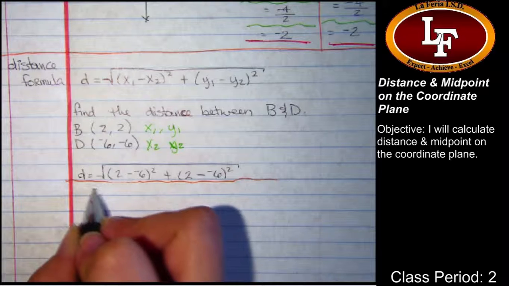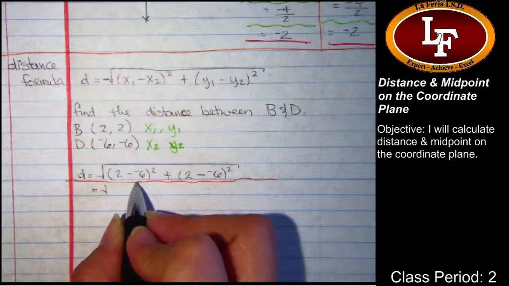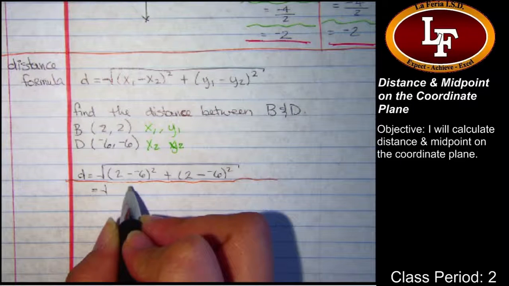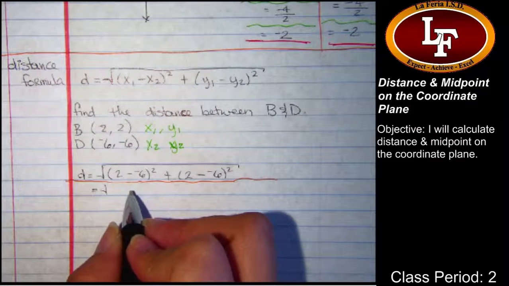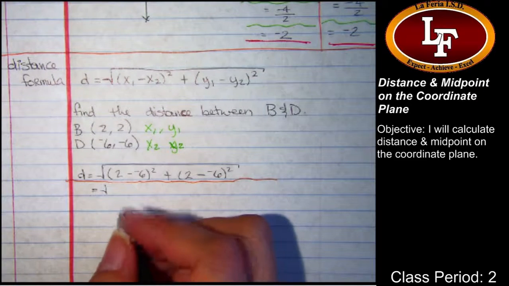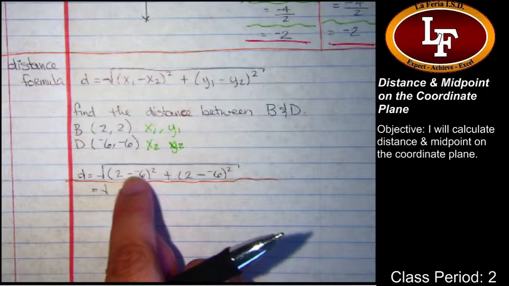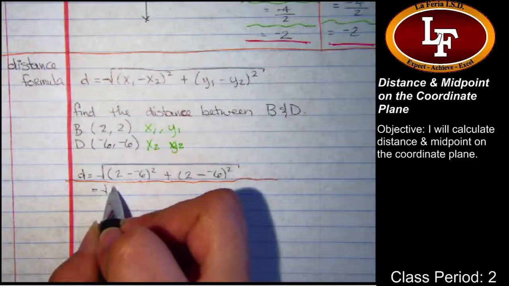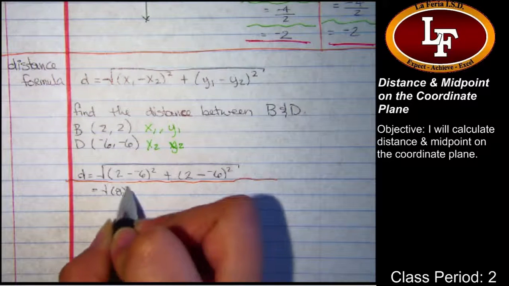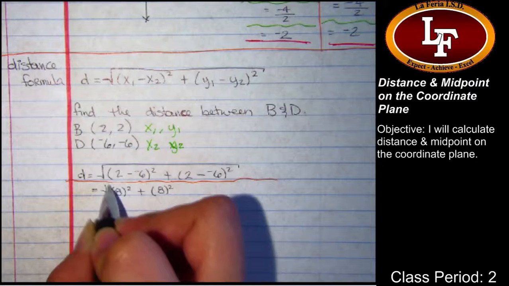Okay, do the subtraction for me. 2 minus negative 6 is? Double check on the calculator. She got 8, because you see this double negative that's sitting there? Two negatives is a positive. We can think of that as addition. That's 8. So that means this over here is 8 also.